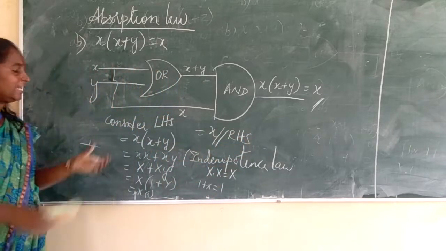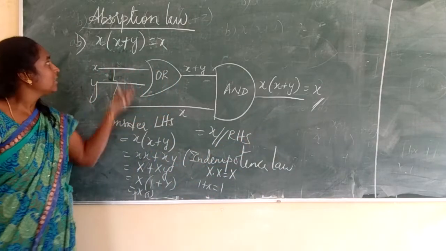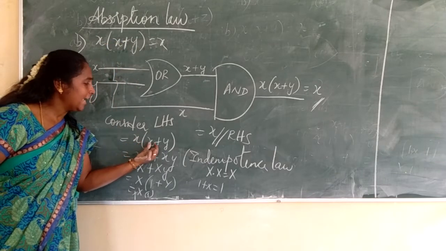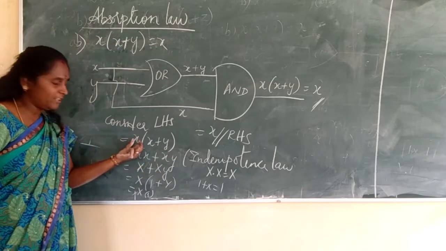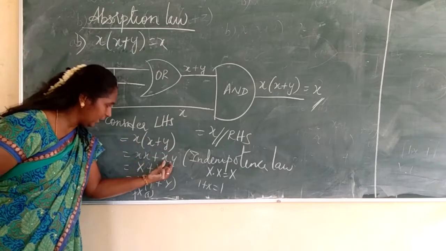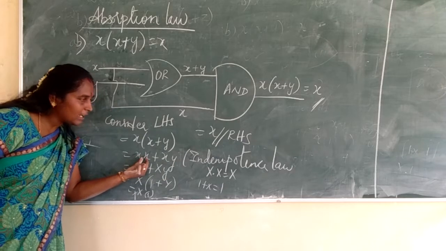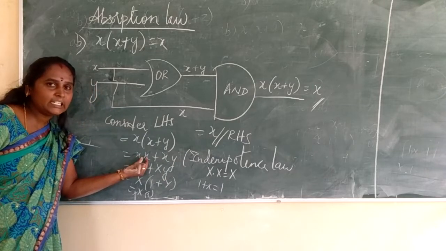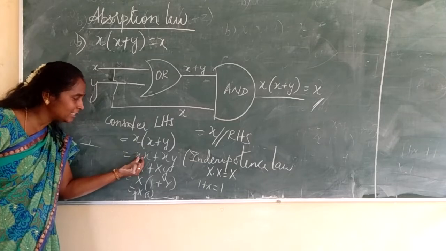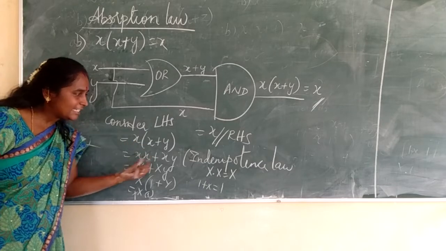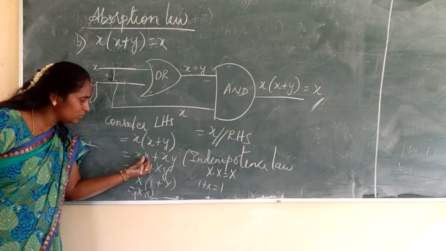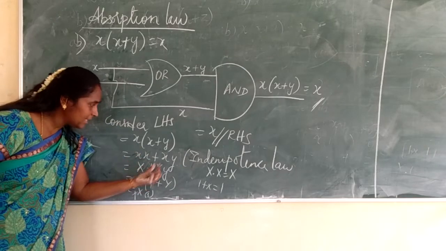Once again, consider your LHS, that is x into (x plus y). Multiply: x into x is x, plus x into y. As I told in the last class, x into x is by the idempotence law: a variable combined with itself using an AND gate or OR gate gives the same variable. Here we have used the AND operation. So x plus xy.